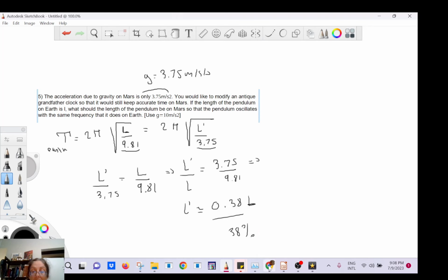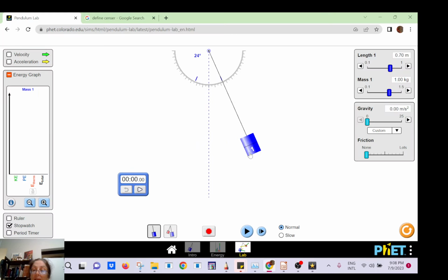And you can look at this here. You can change gravity. I don't know why it's not. Oh, I have no gravity, right? You can change gravity, and if it has a very small gravity, what you can do, we can change the length.